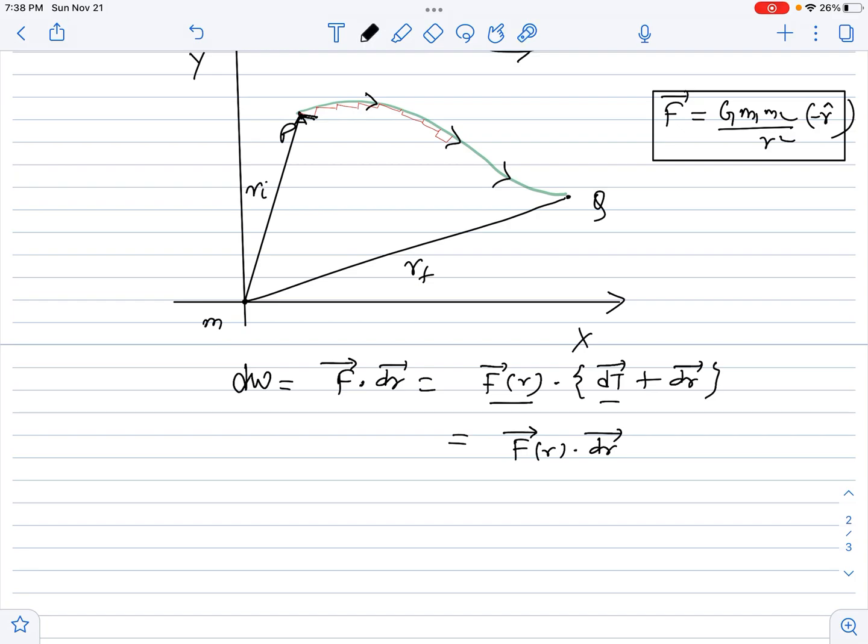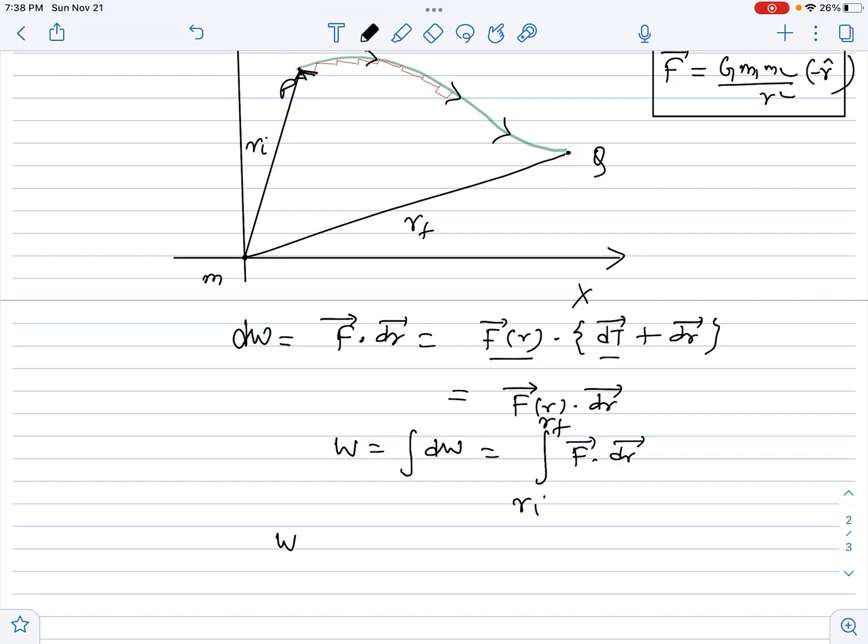If you want to calculate the total work done, you take the sum of all the work done, which is simply the integral of F dot dr. Here dr is the displacement in the radial direction, where r is the distance, so the limits are ri to rf.